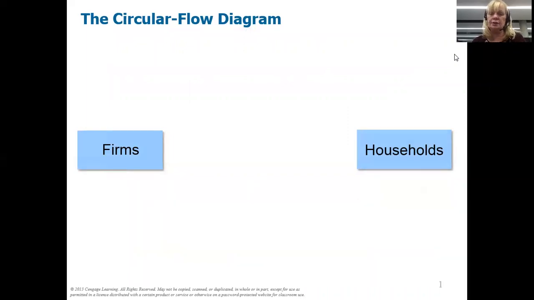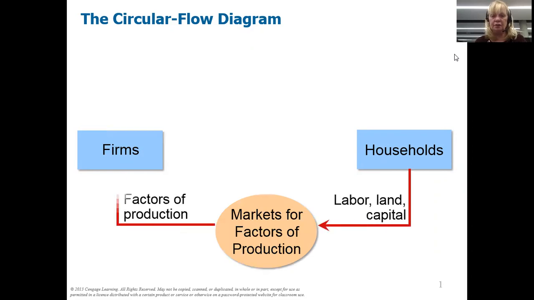So consider the household. The household offers for sale factors of production. Remember factors of production from week 1? Land, labor, capital, and entrepreneurship. Households offer these things to firms, and firms buy them and use them to produce goods and services.